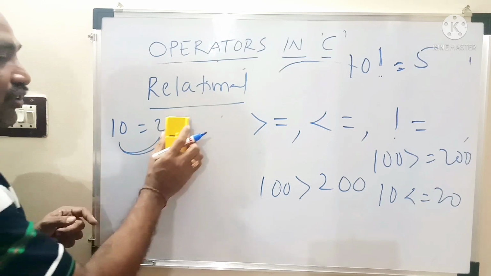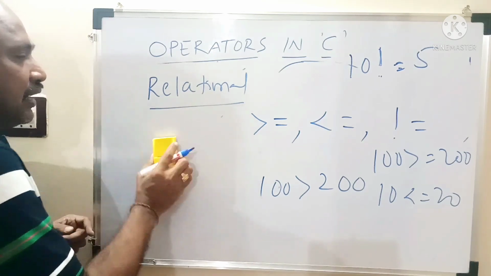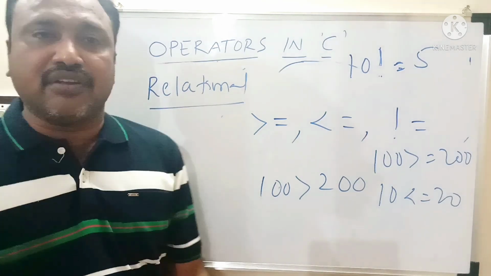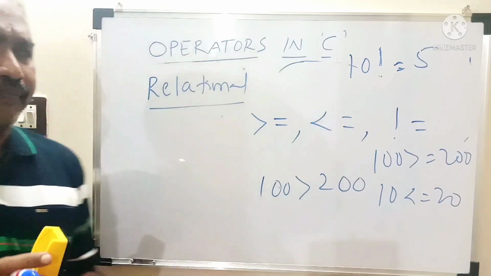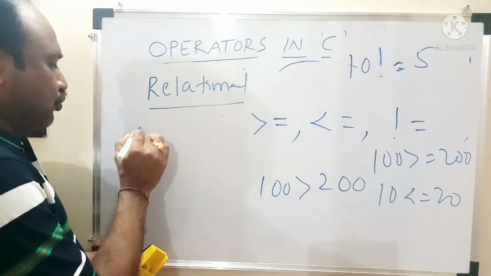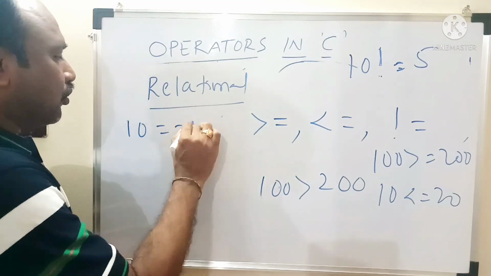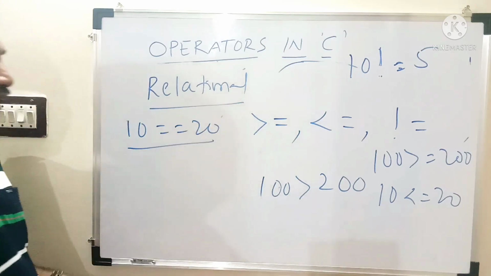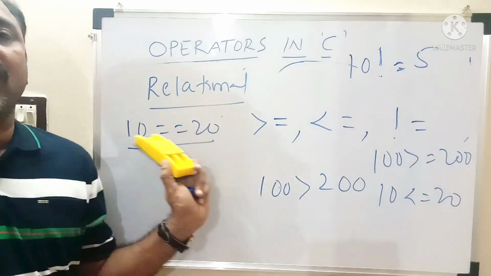But in computer science, whether C, Java or Python programming, to compare values we have to use double equal to: 10 double equal 20. This one and this one, equal or not.